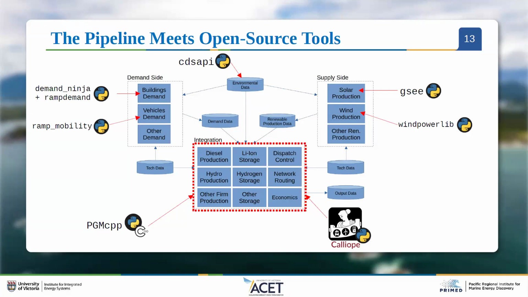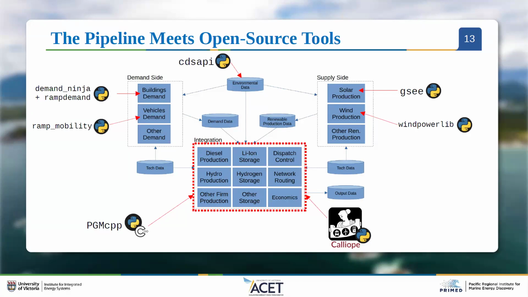But yeah, for the buildings demand side, there's two tools that work nicely together. There's Demand Ninja and Ramp Demand. For vehicles, there's Ramp Mobility, so the same dev team that does Ramp Demand. On the data side, there is a tool that lets you pull data from the European Center for Medium Range Weather Forecasting, which is a really good data set to pull from.